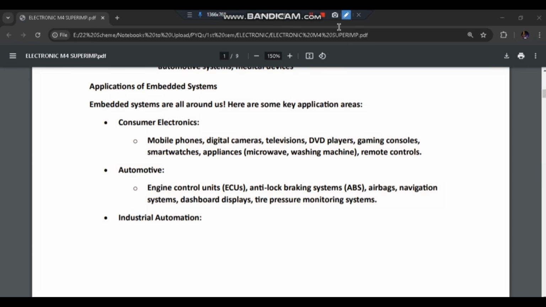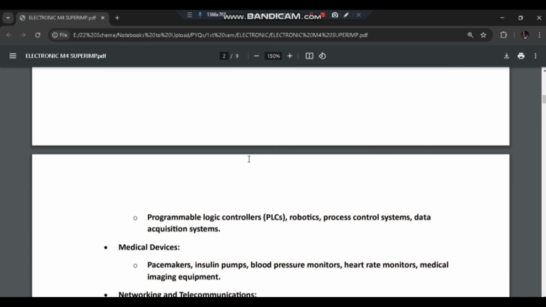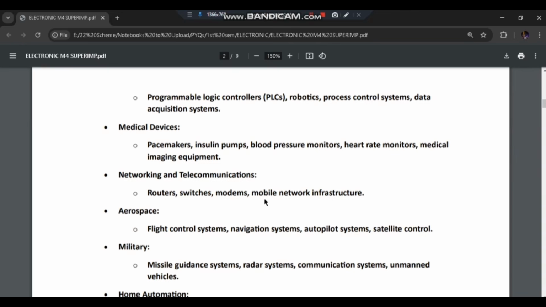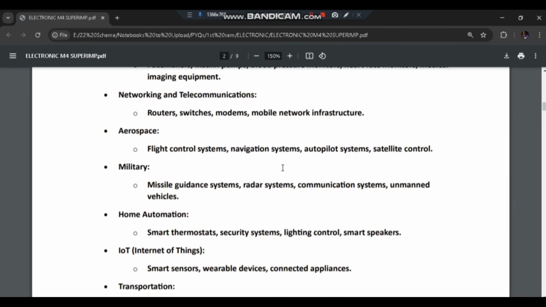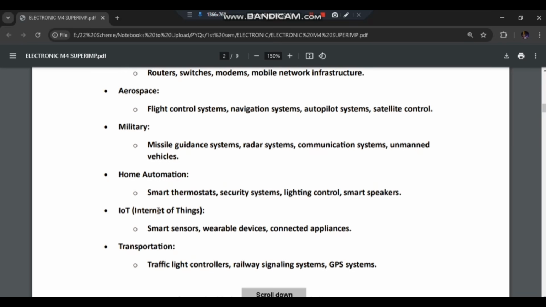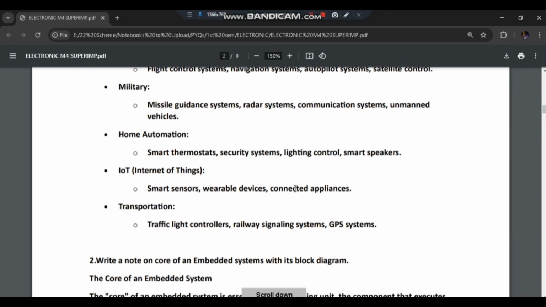Third is industrial automation like programmable logic controllers and robotics; medical devices like insulin pumps and blood pressure monitors; networking routers and switches; in aerospace we have flight control and navigation systems; in military we have missile guidance systems; in home automation we have thermostats, security systems, and lighting control; in IoT we have smart sensors and wearable devices; in transportation we have traffic light controllers. So all of these come under embedded systems. And the general computer system is just a normal computer, PC, and mobiles.